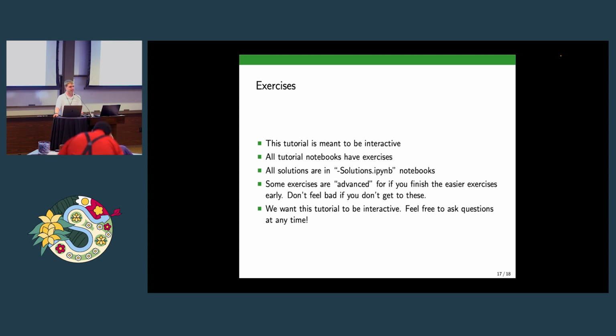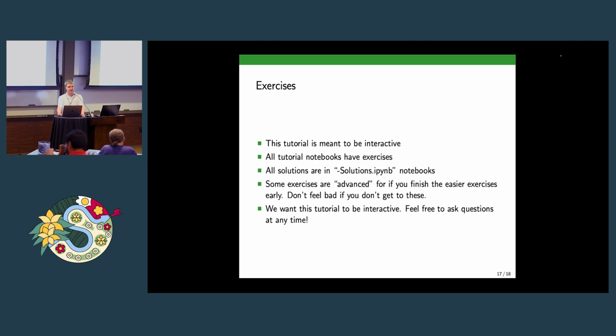They're mostly not very difficult, so they're really made to just get you typing and actually doing stuff so you remember. And all the solutions are in notebooks right alongside the actual instructional notebooks. So don't be afraid to look up the answers. It's really just about doing it, and seeing the answer is fine if you can't figure it out.